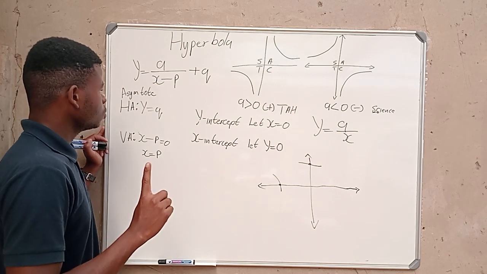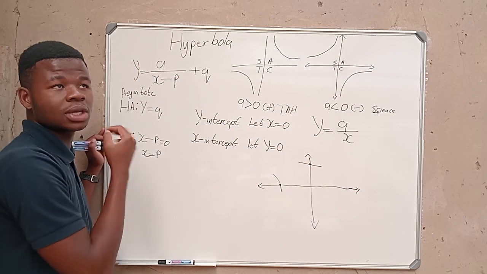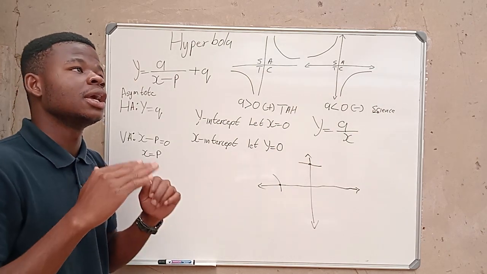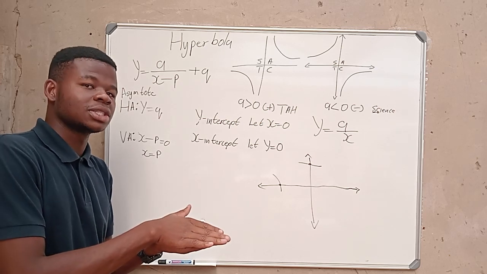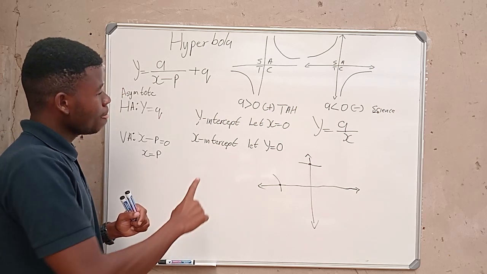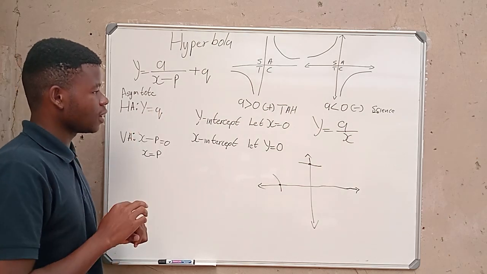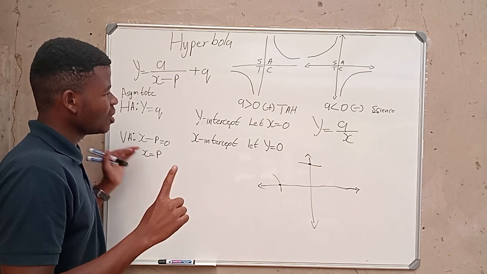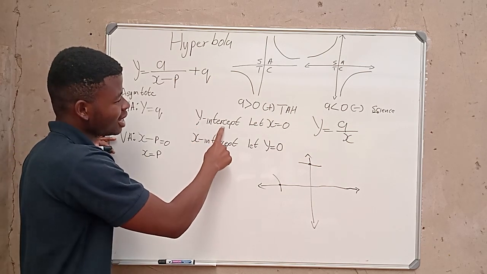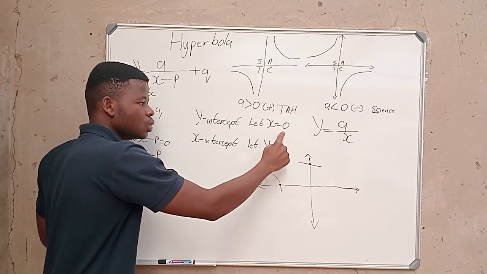So I've indicated what the asymptotes are: the lines which the graph approaches but does not touch. Let me highlight this last part. When you're looking for the y-intercept, you let x equal 0.